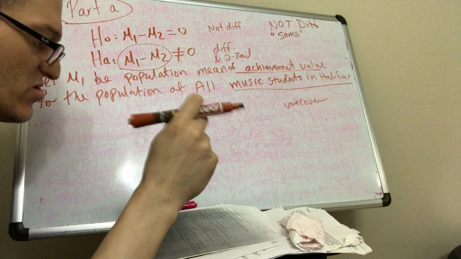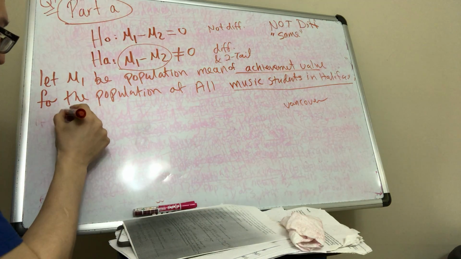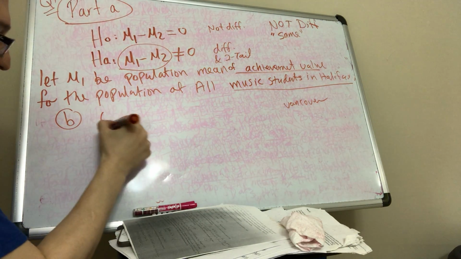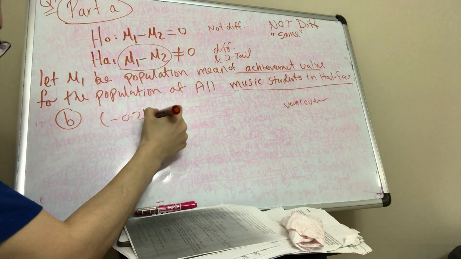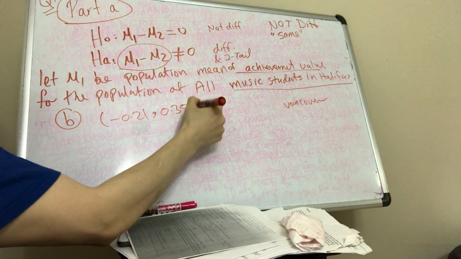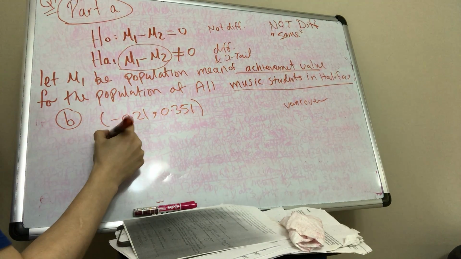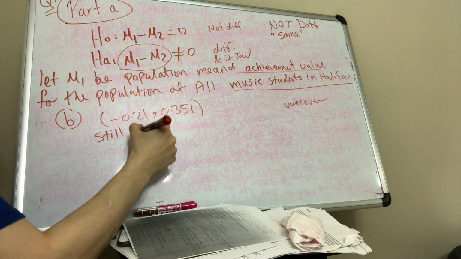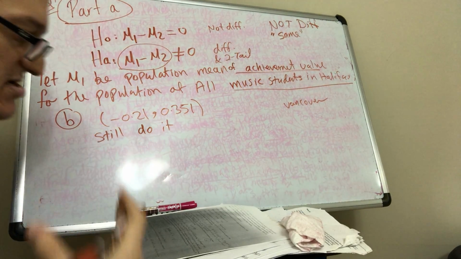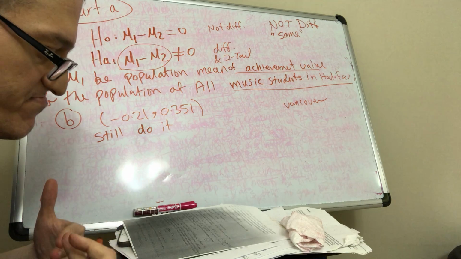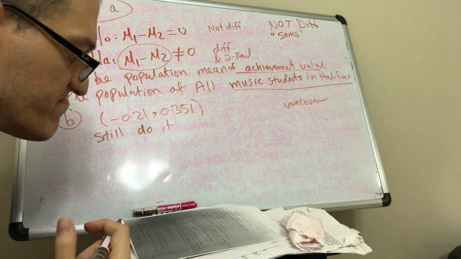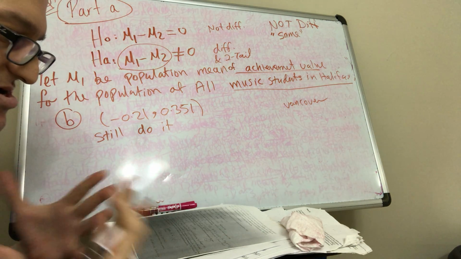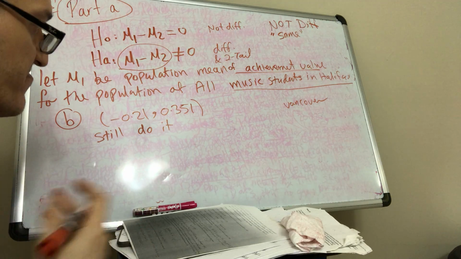Okay. Well, in Minitab, the confidence interval is provided. But again, we're still going to do it. In the question, you just need to put it down, but I still want you to be familiar with how it's done.